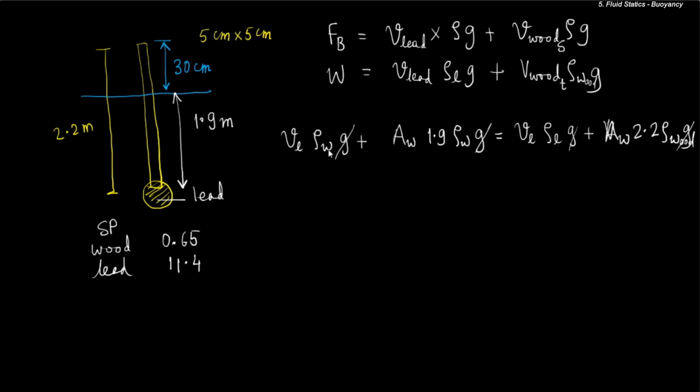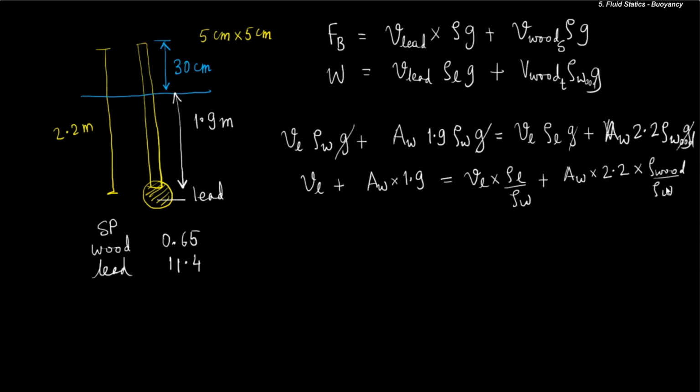Just to avoid the confusion between water and wood, let's divide everything by rho water. So volume of lead plus area of wood times 1.9 is going to be equal to volume of lead times rho of lead upon rho of water plus area of wood times 2.2 times rho of wood divided by rho of water.